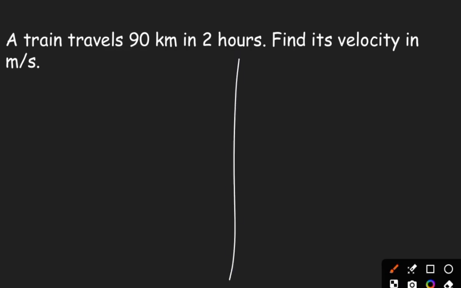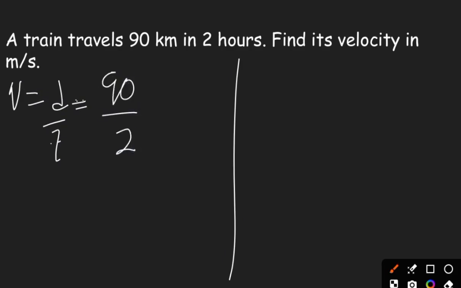So the first approach, you know that your velocity equals distance over time. So your distance is 90 kilometers over the time 2 hours. So you're going to have 45 kilometers per hour. Now, with this, what would you have to do? You have to convert kilometer per hour to meter per second.